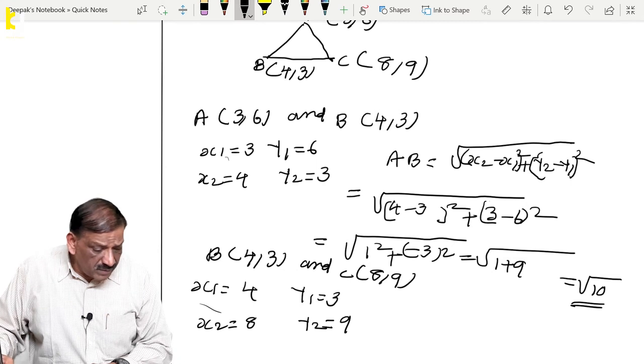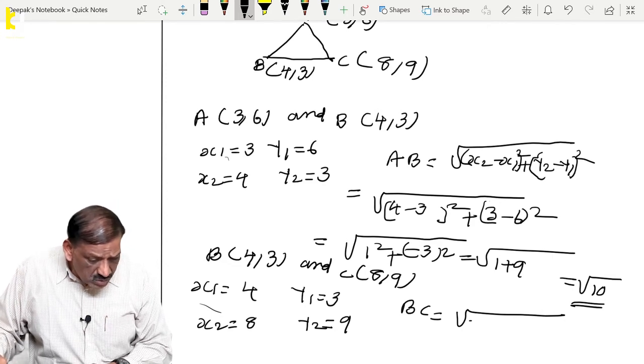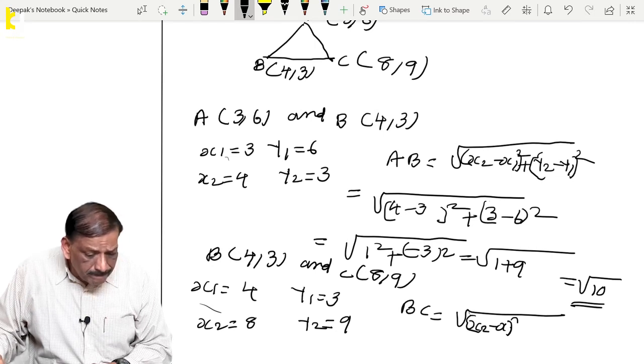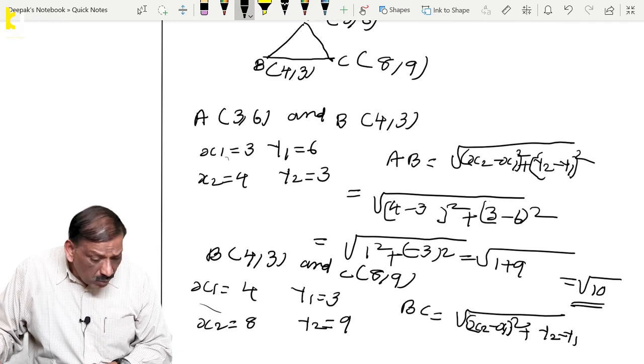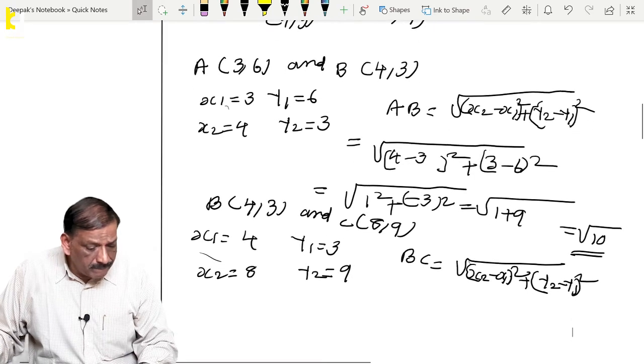Therefore, BC equals root of (x2 minus x1) whole square plus (y2 minus y1) whole square.